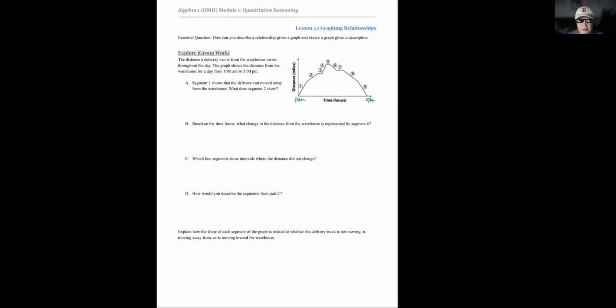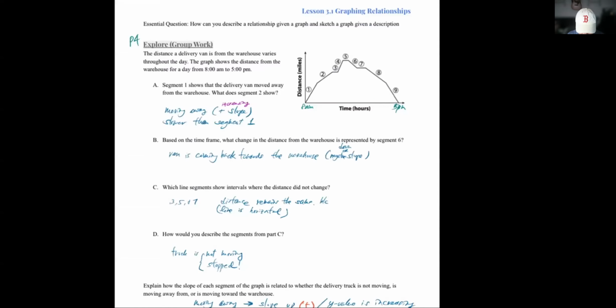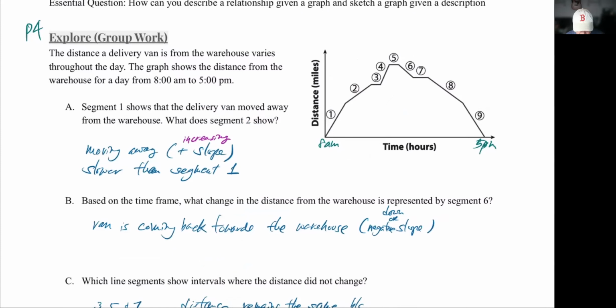Okay, and here are the answers. A is moving away because the y value, so the y-axis value, the miles, is increasing, or because the slope is positive, and it is slower than segment number 1 because it's a little flatter.